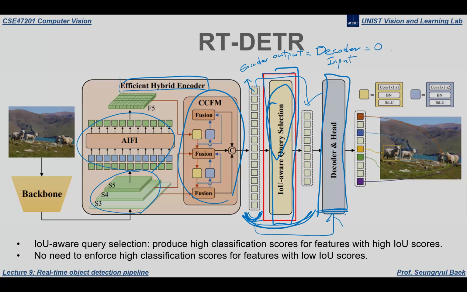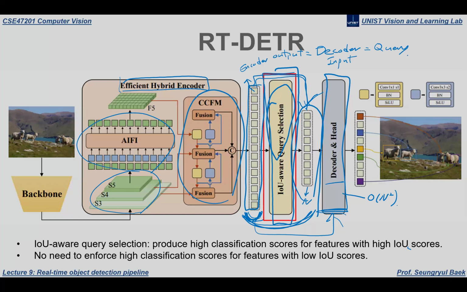From each entry of the encoder output, we select something which may have more information than others. And also the decoder's time complexity is order n when their query number is n. So by selecting better input to the decoder, they can also accelerate the decoder speed as well.